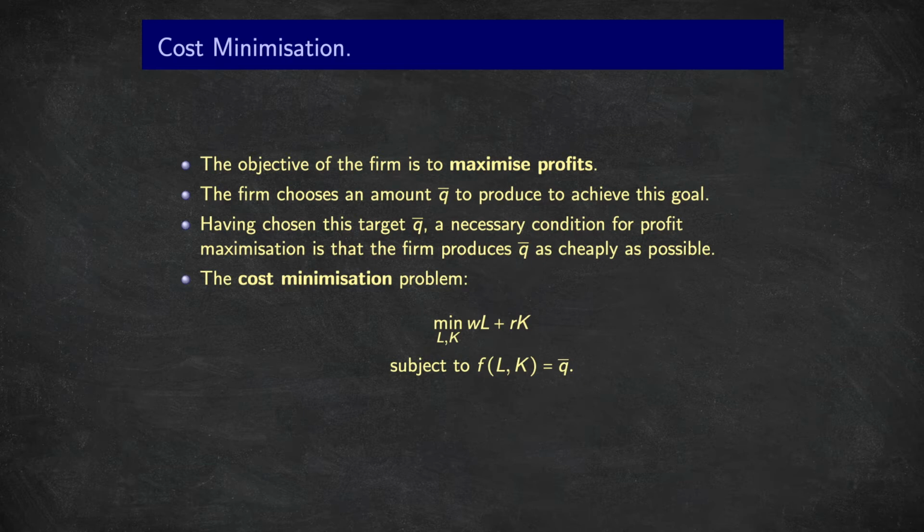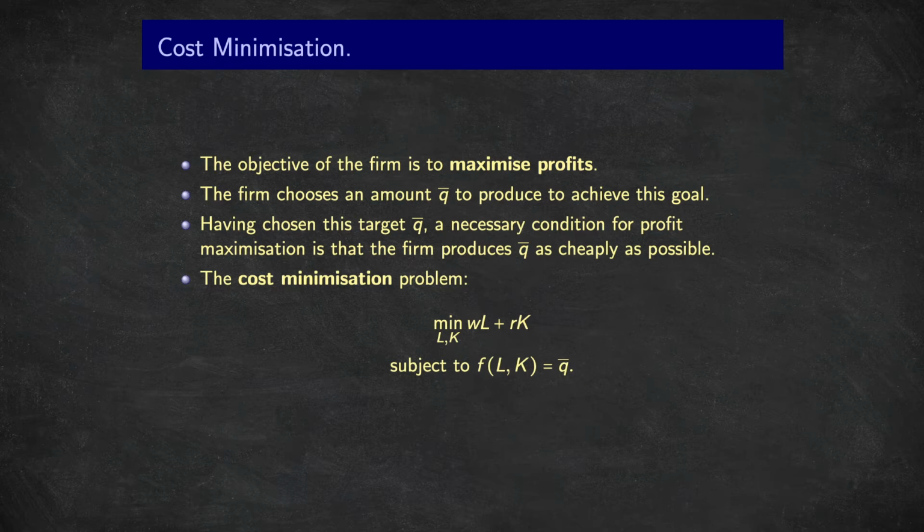The cost minimization problem is this: fix a target level of output. Here I've denoted it Q bar. This is our target level of output. And then the cost minimization problem is to minimize the cost of the factor combination that's being employed, subject to the condition that this combination of input factors does indeed produce the target level of output.